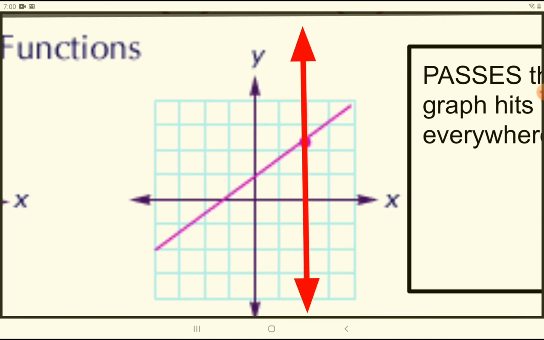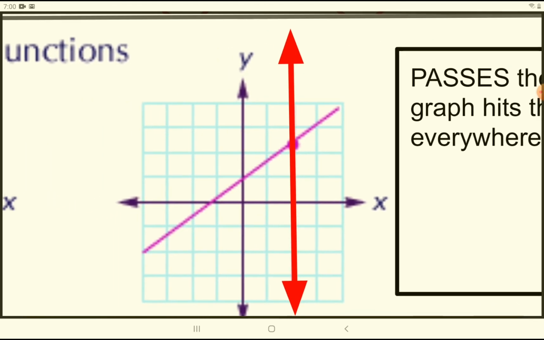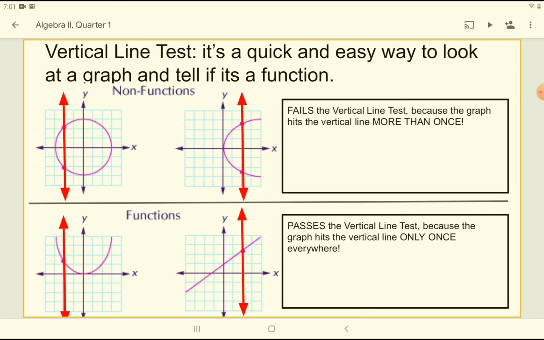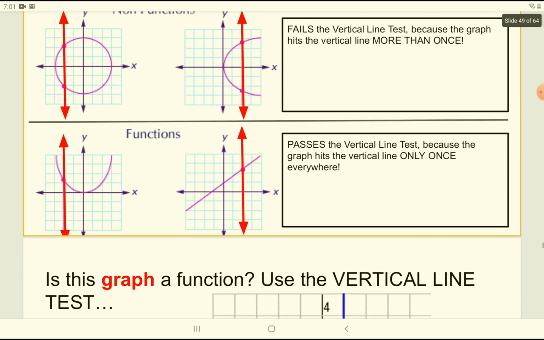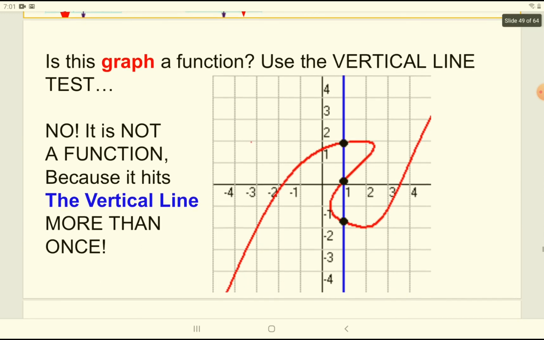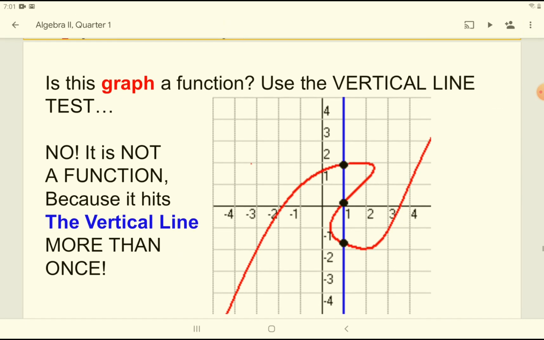No matter where you take that red line, if you scan it, it's going to only hit the graph one time. And so the vertical line test is a quick and easy way to tell if a graph is a function. So it only needs to hit it once. If it hits it more than once, then it is not a function.